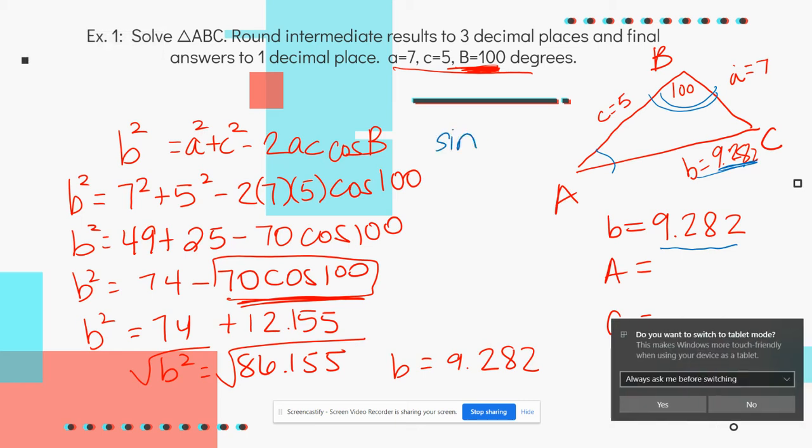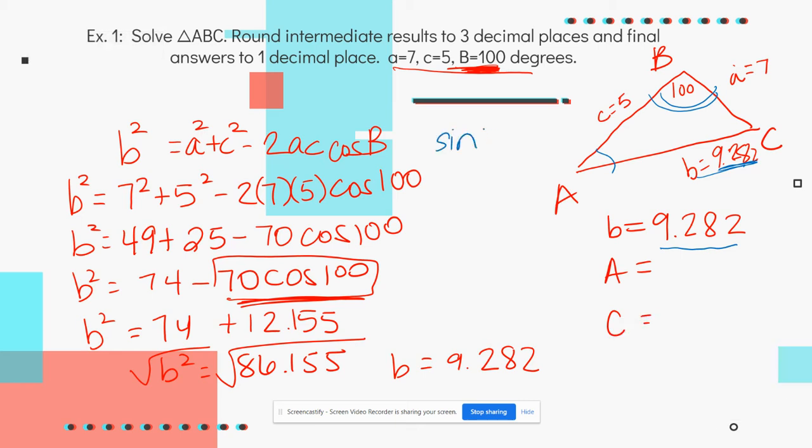I'm going to say sine of A over 7 equals sine of B, where B is 100, over lowercase b that we just found to be 9.282. We're going to cross multiply, or I could just multiply by 7, right?